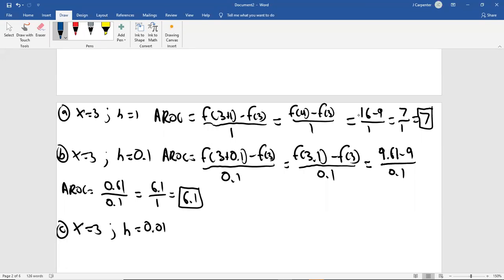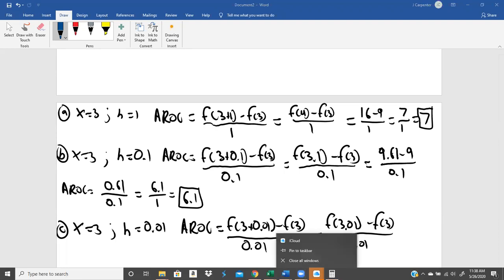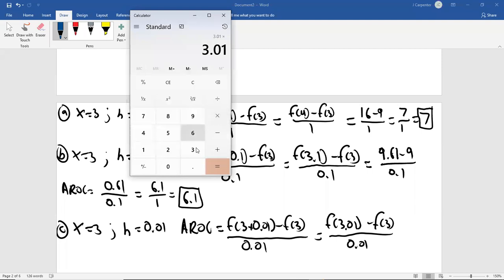All right. So our average rate of change would be f of 3 plus that very small 0.01 minus f of 3 all over 0.01, which is f of 3.01 minus f of 3 divided by 0.01. So let's square 3.01. 3.01 times 3.01.